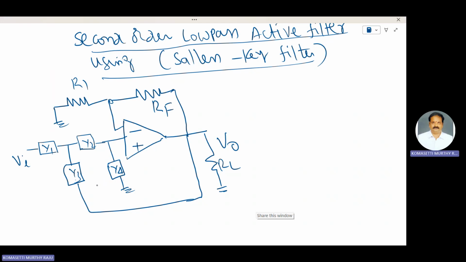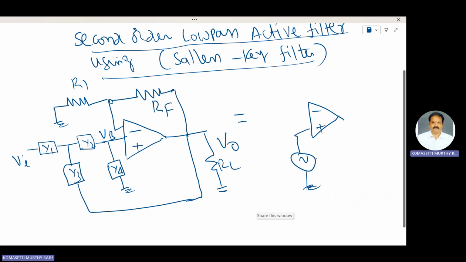An improved filter response can be obtained by using a second order active filter. The voltage at the non-inverting terminal of the op-amp is VB. Later I will calculate the VB value. This one is plus and this one is minus.